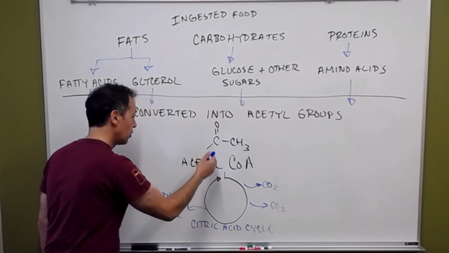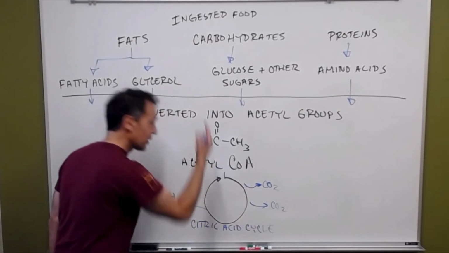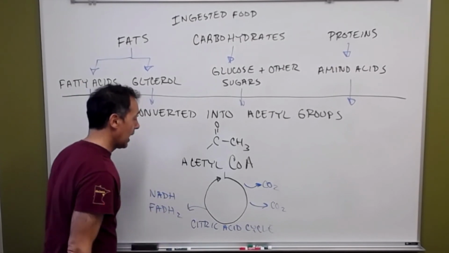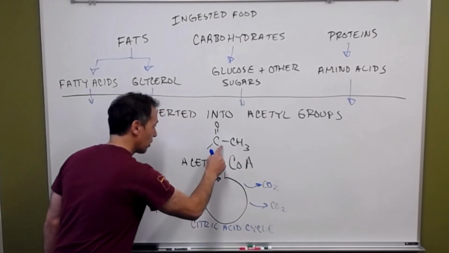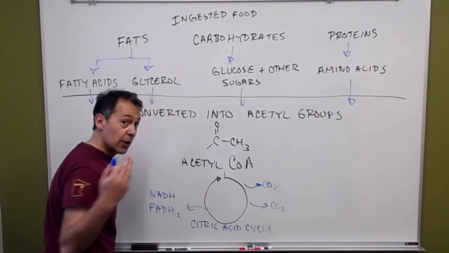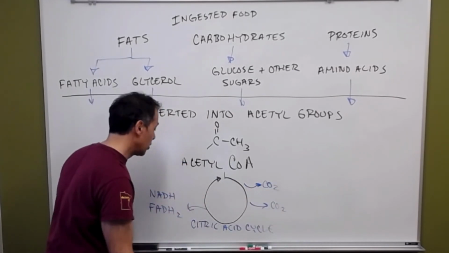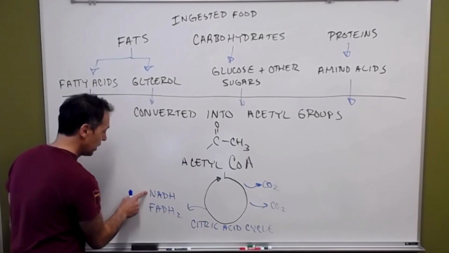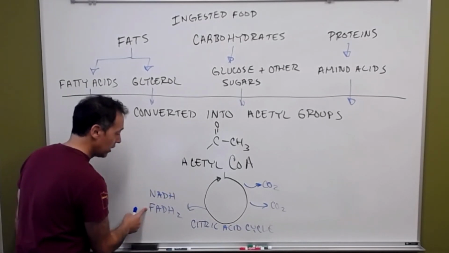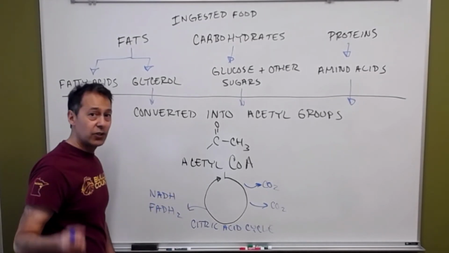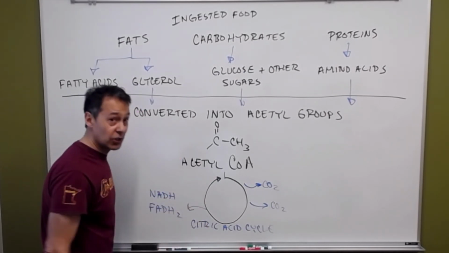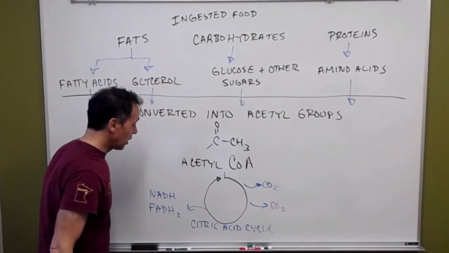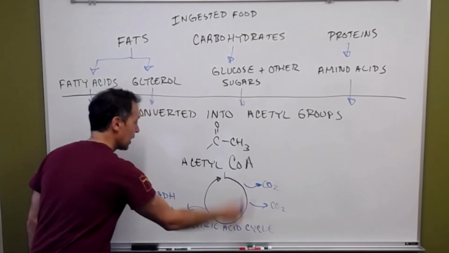The acetyl groups go into the citric acid cycle. In the citric acid cycle, we're going to be producing carbon dioxide. We're going to break these into carbon dioxide, and in that process, we take that energy, convert that energy into NADH and FADH2, which then provides the fuel or the energy for making ATP. All right, lots of stuff there. The next thing we're going to take a look at will be the citric acid cycle.